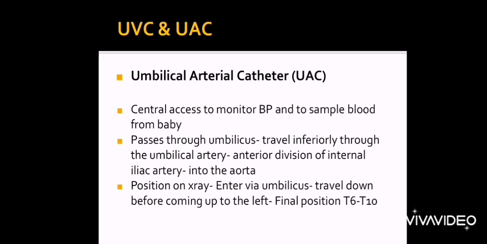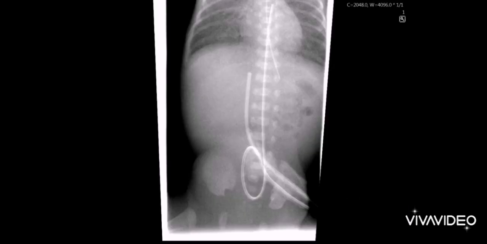So on an X-ray, what you're looking for is that initial downward travelling, and then it should follow up to the left-hand side of the midline. So again, when you're looking at the X-ray, that's going to be the right, but it's the baby's left. And you're looking for the final position to be between T6 to 10. So I'll explain that a bit more now.